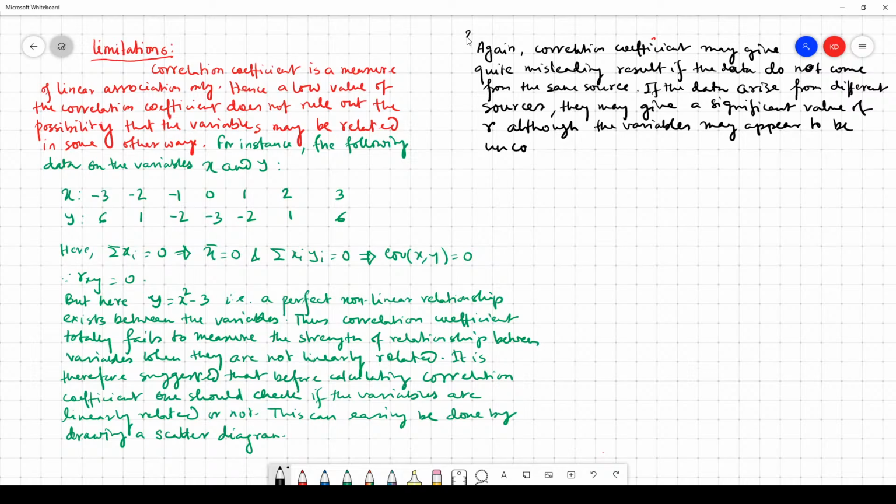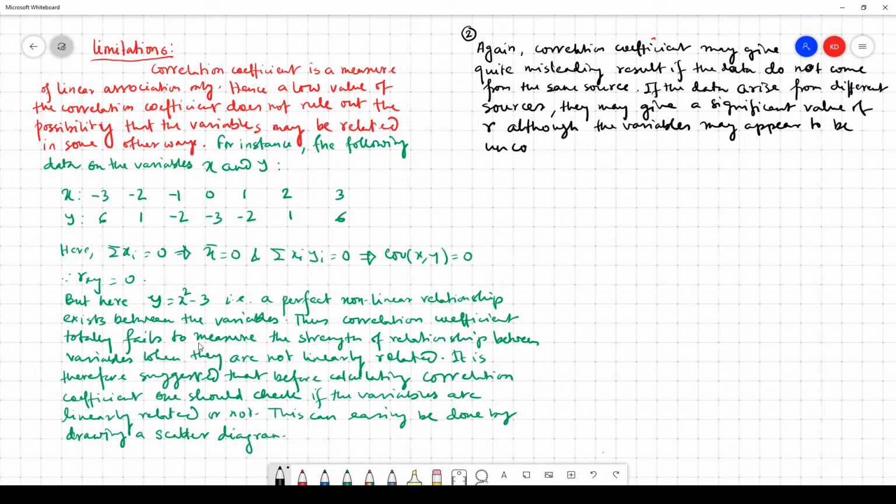This is a new point, okay? You can understand if your data come from different sources. I will draw the scatter diagram, then you can understand this. The first point is that the correlation coefficient is used only when there is a linear association.